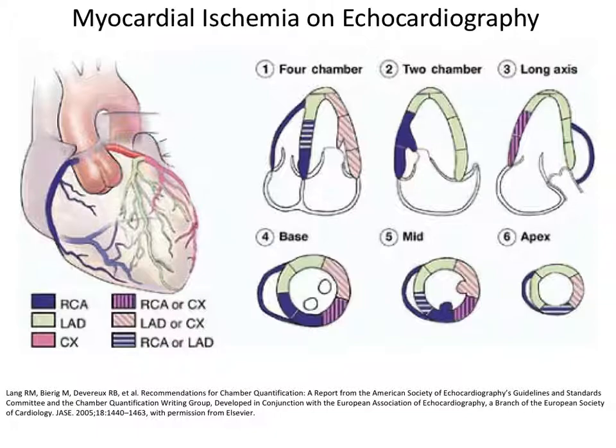Okay, so when you see myocardial ischemia on echocardiography, the way you recognize it, usually, is the muscle wall itself stops contracting 100%. It might drop its contraction amount to 50% of normal contraction. And it does it in a regional way.